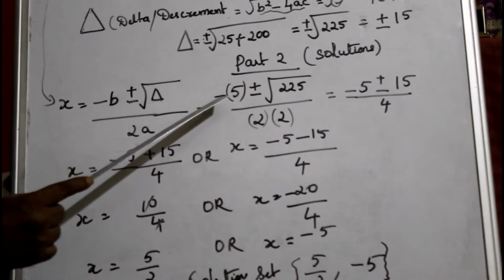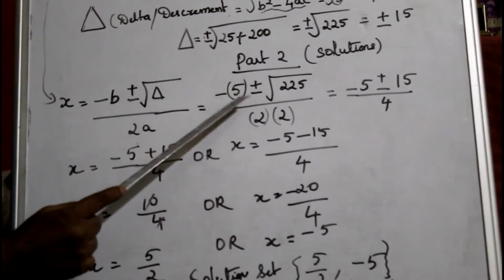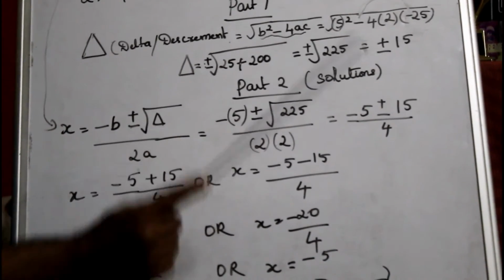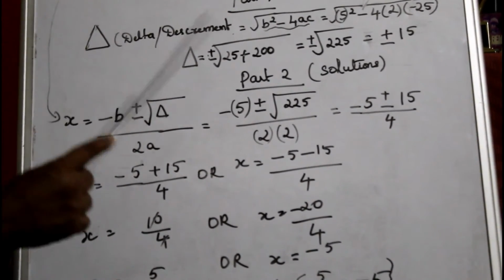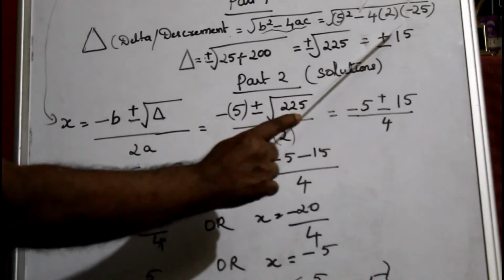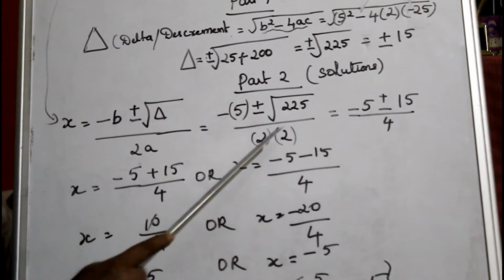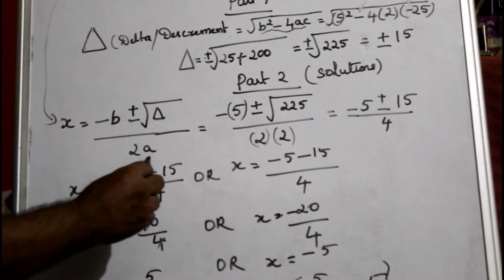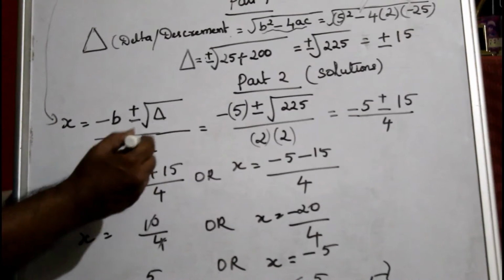Now look here, minus is minus, b is 5, plus or minus root of delta, which is root of 225, plus or minus 15, by 2 into a. 2 into a is given here.